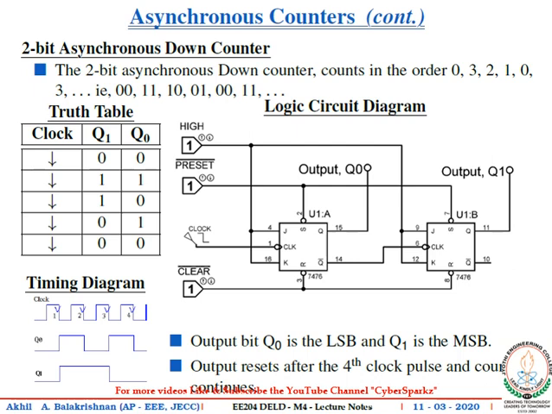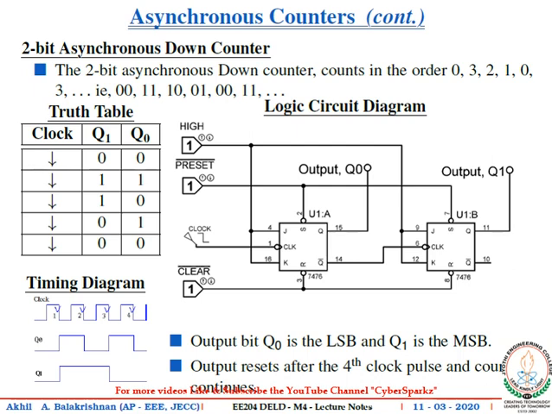Instead of the Q output, here the Q bar output is connected to the second flip-flop. Here also the first flip-flop will act as the LSB, which is provided with the direct clock signal, and the second flip-flop, which is receiving the indirect or derived clock signal, acts as the MSB of this binary pattern output.